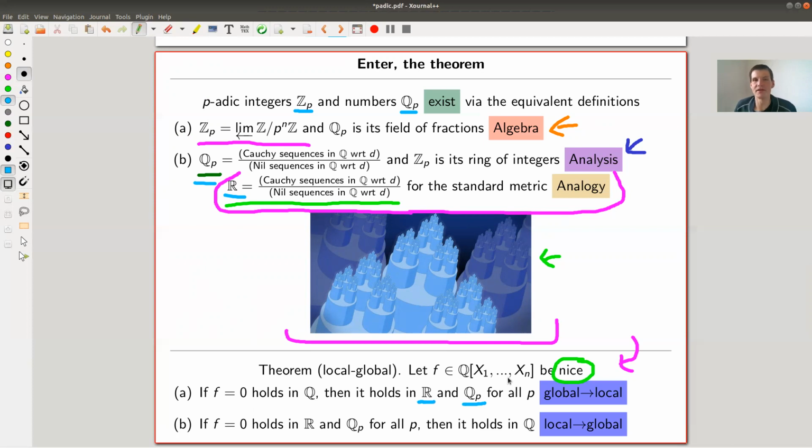The point about the local global principle is the converse. This always holds, and the converse holds only for certain types of equations, for certain reasonable types of equations, let's say. But the converse is, of course, you could solve the equation in R and in Qp. In R, it's usually very easy to solve those equations. And in Qp, people have come up with methods to solve them.